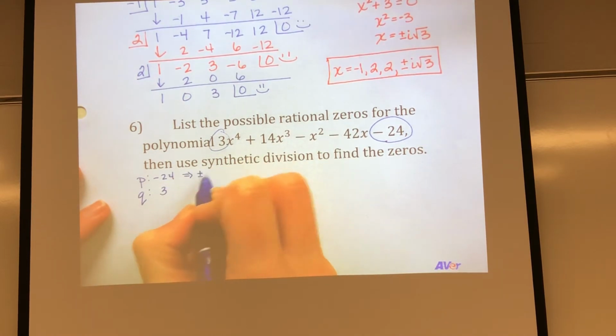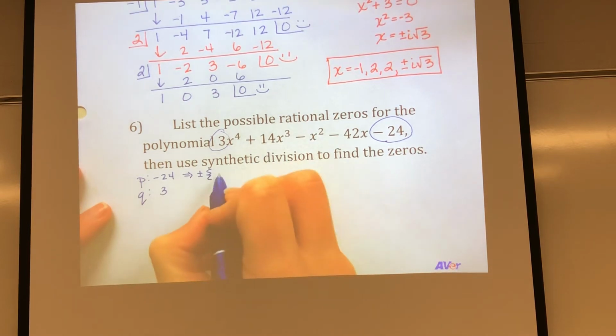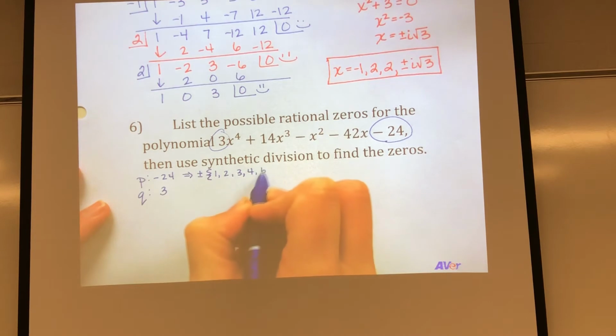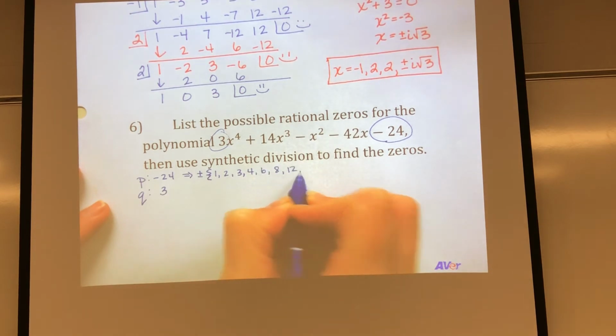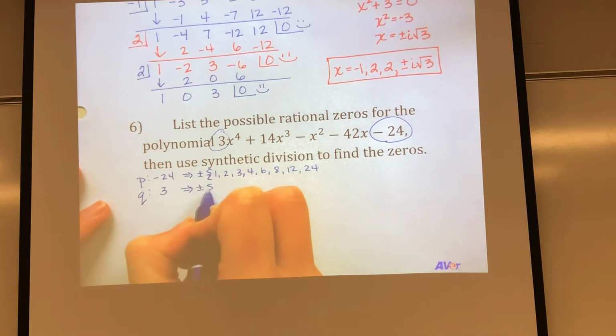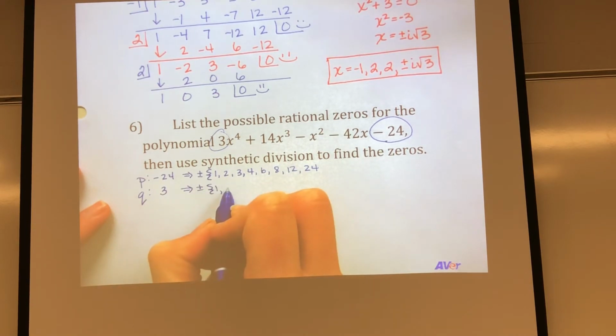So we need positive and negative factors of 24, which man, oh man, there are a lot of those. Factors of 3, not as many, but more than what we had for our denominator last time.